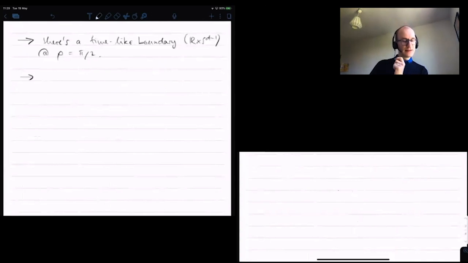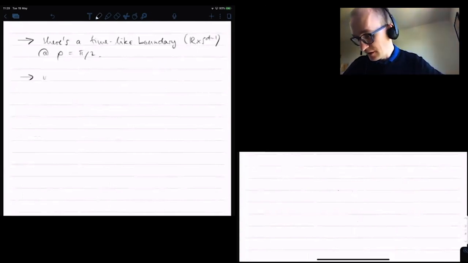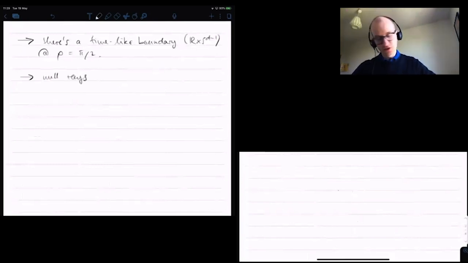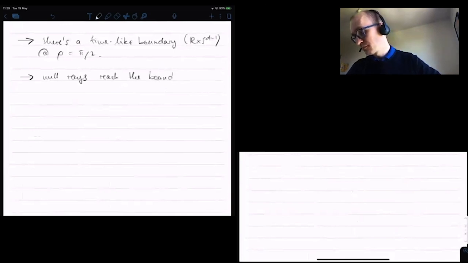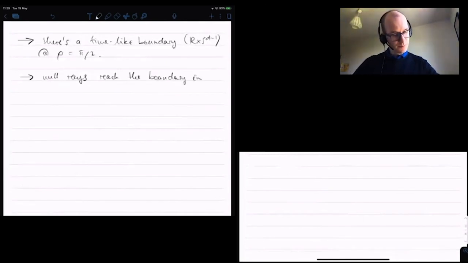And then if you study the geodesic equation, which I think is on the 4th problem set, you can convince yourself that null rays, for example, reach this boundary in finite time.